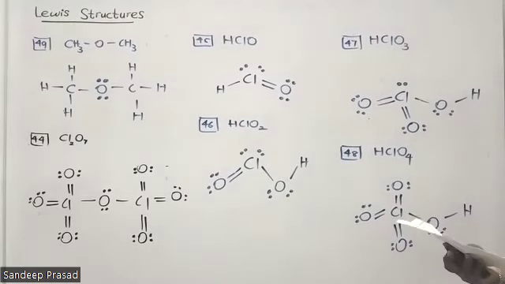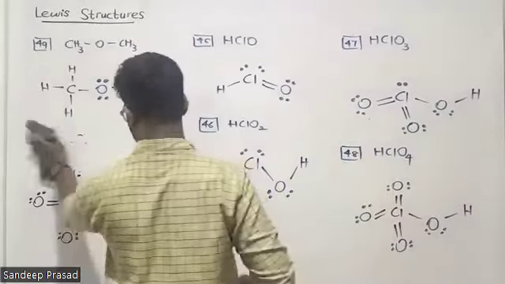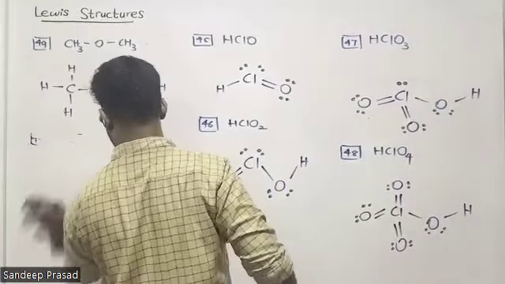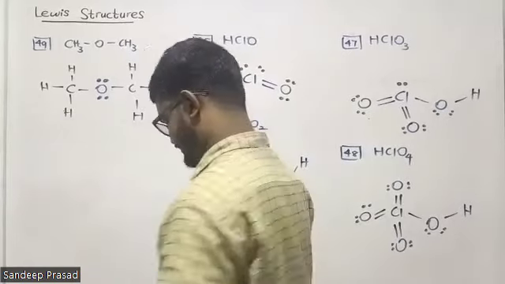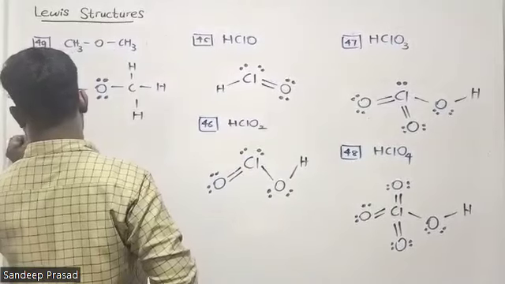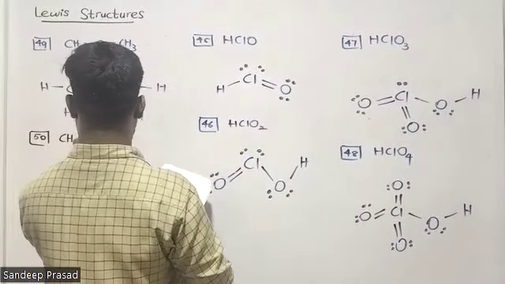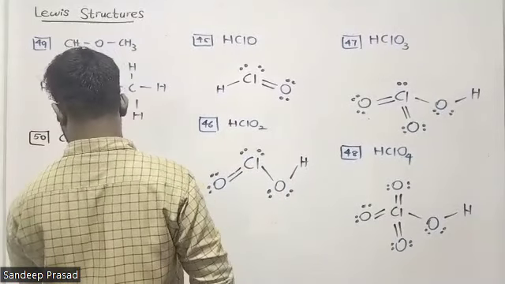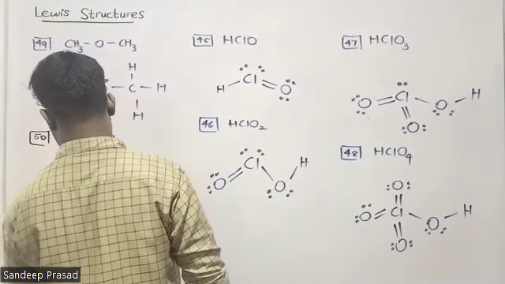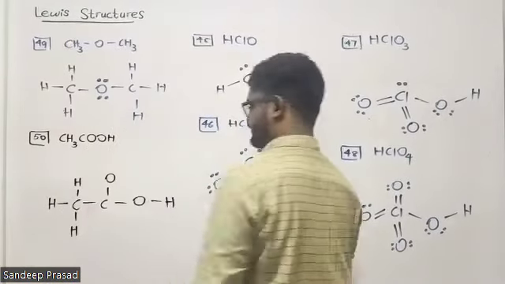Understood? That is it. Then the 50th one is acetic acid, CH3C double bond OH. I'll give you the structure for this one in this way: CH3COOH.